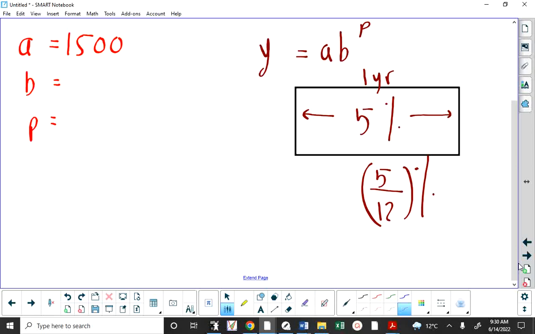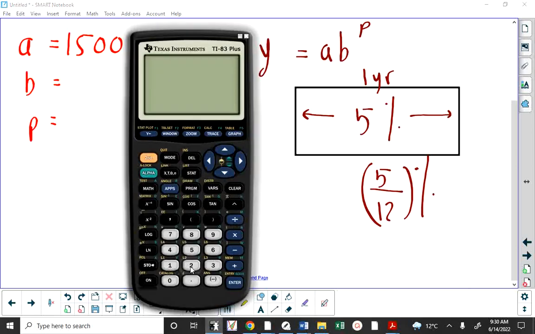Let's do this on the calculator. 5 divided by 12. This is a percent. And you look at that and you think it's a decimal percent, but it's not. It's a percent. If it were 2%, we would write 1.02.